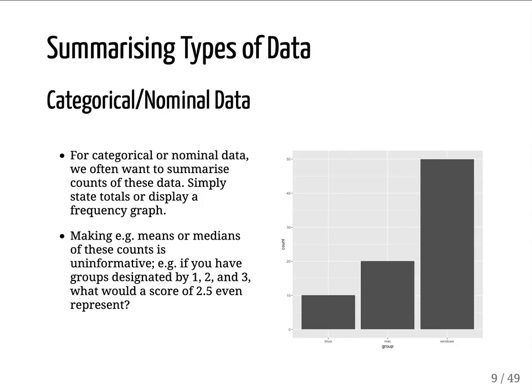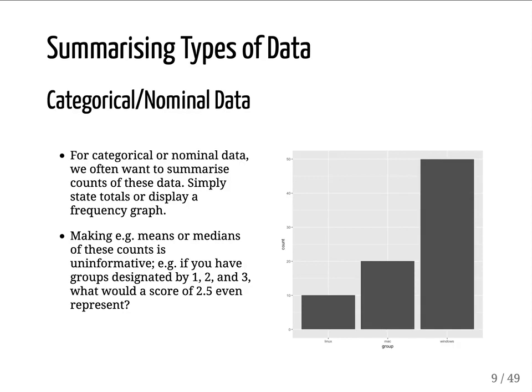Now, very clearly here, you can see visually what the pattern is of the data. This makes a lot of sense when we're just counting things up, because if people belong to this group, so you belong to Linux or Mac or Windows as your operating system, all I can really report there is the count, so how many people fell into each group. It doesn't make sense for me to calculate a mean count because it is just what it is.